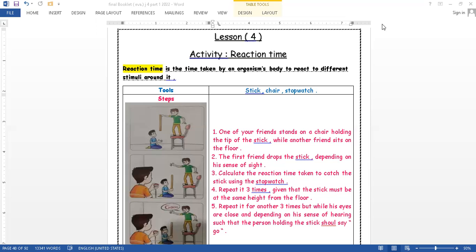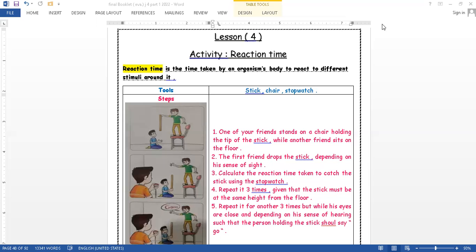After that, we close the eyes of the second friend who is sitting on the floor, and the first friend says go or counts down 3, 2, 1, for example, to get his attention and help him catch the stick.